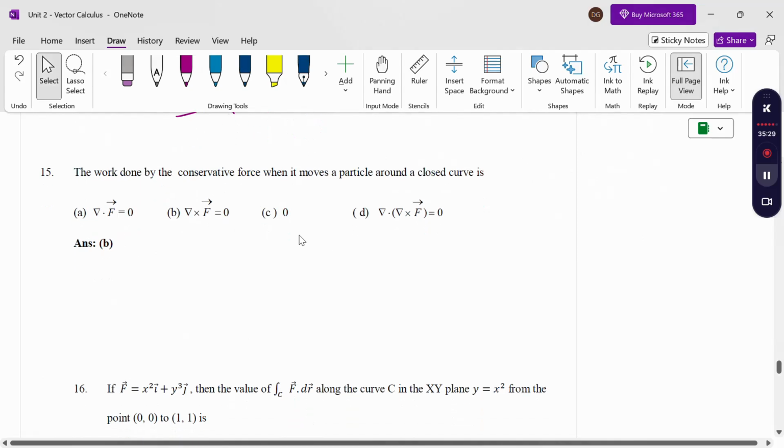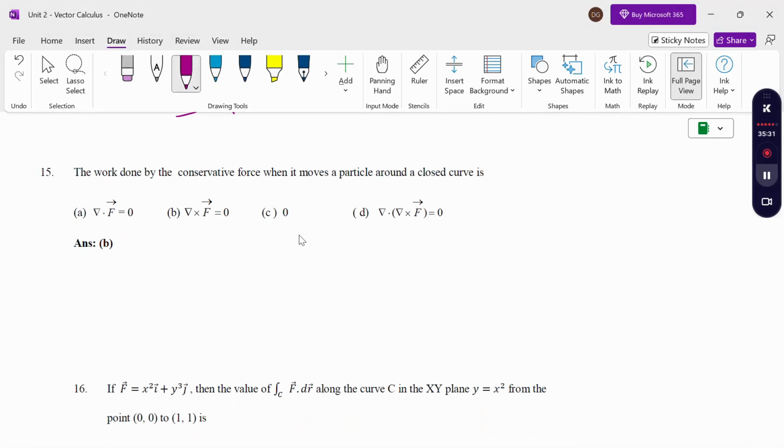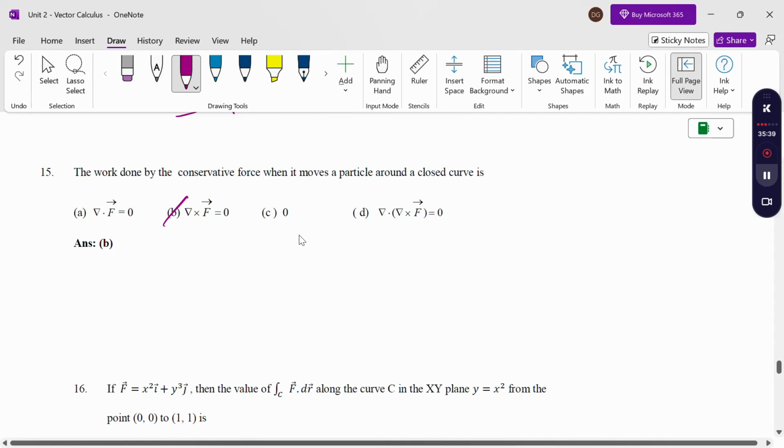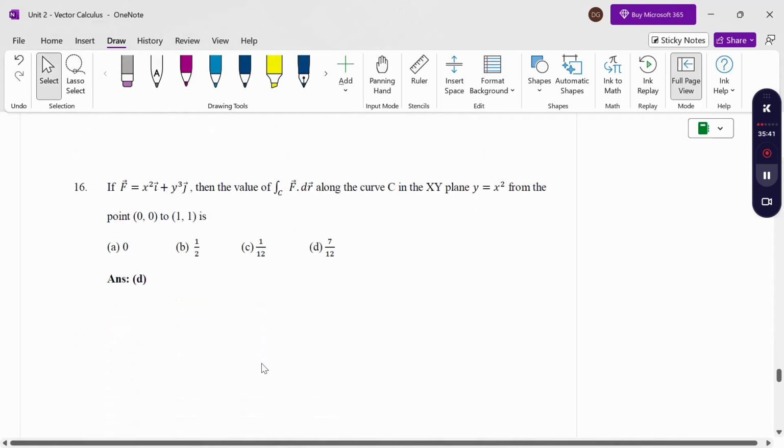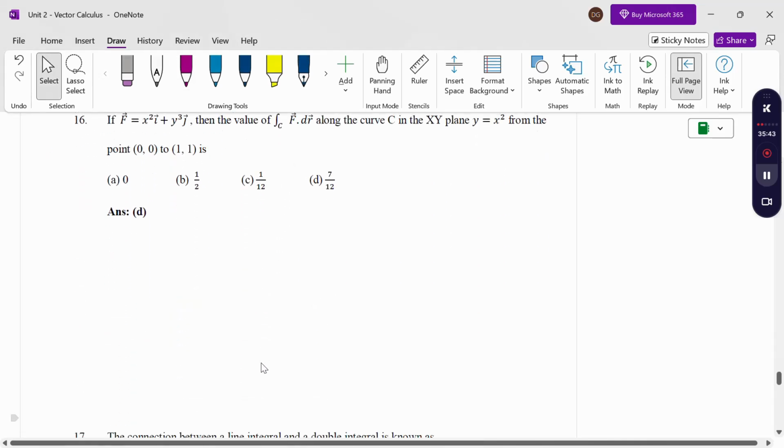And then the work done by the conservative force when it moves a particle around the closed curve is nothing but del cross F. This is a property. And then F vector is given, y equal to x square, then the value of F vector dot dr vector.